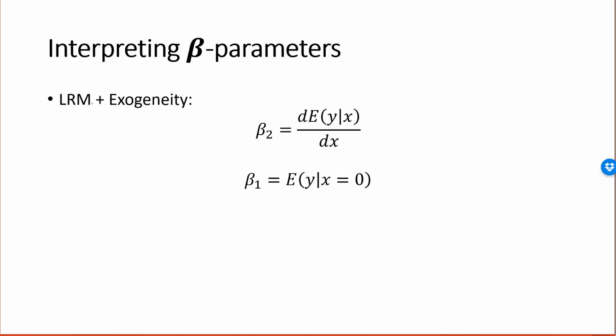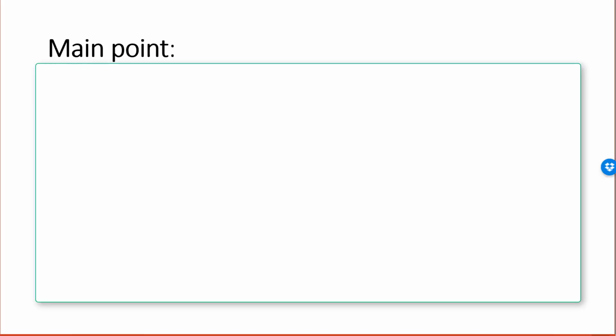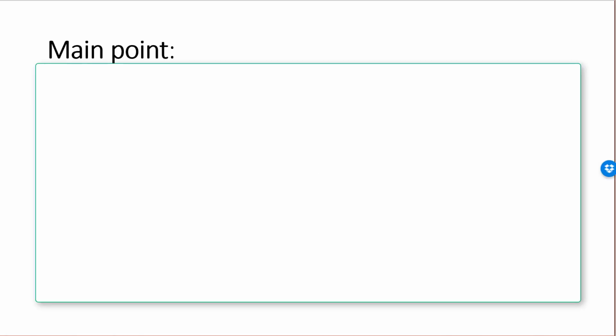So let's just re-emphasize this. The important parameter in the linear regression model is beta 2, because in economics we're typically interested in the effect on this conditional expectation when x increases, not so much in the intercept. So here is the main point, or the important part of this lecture.